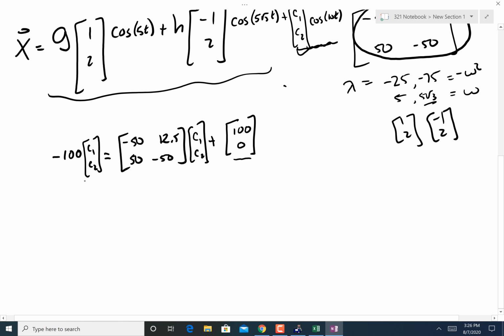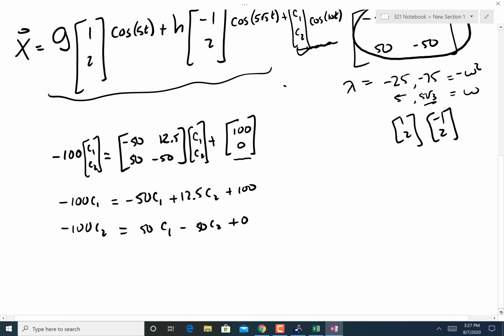So if you distribute this out over here, on the top row you're going to have negative 100 C1 equals negative 50 C1 plus 12.5 C2 plus 100. And on the bottom, you're going to have negative 100 C2 equals 50 C1 minus 50 C2 plus 0, obviously.